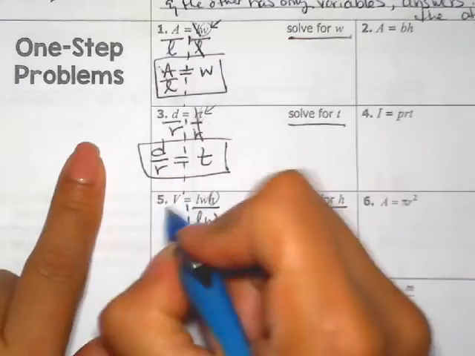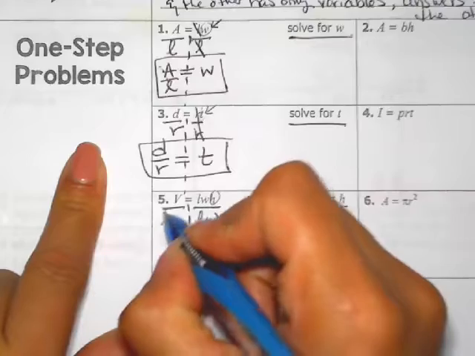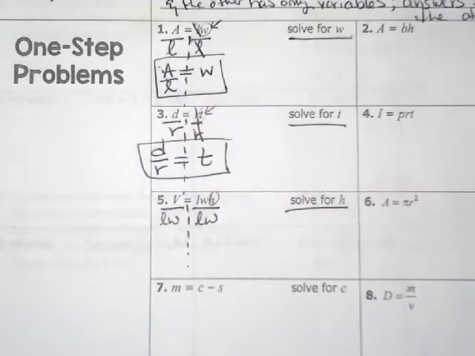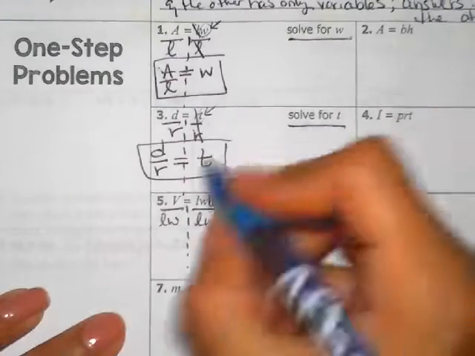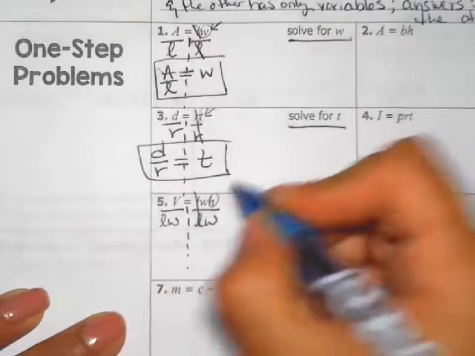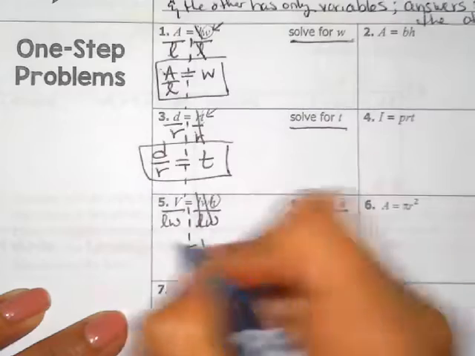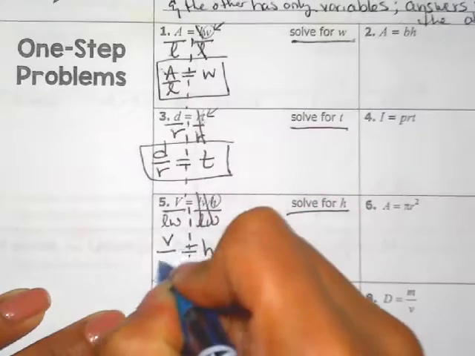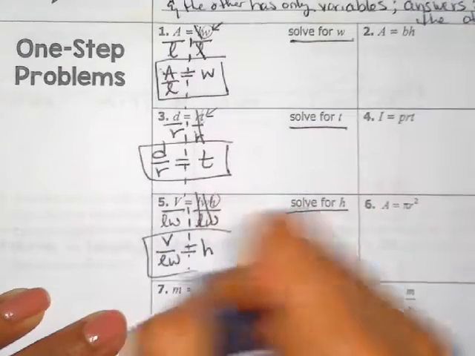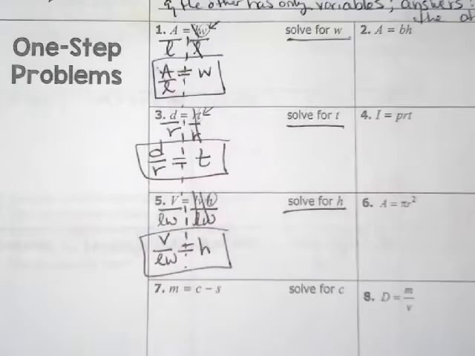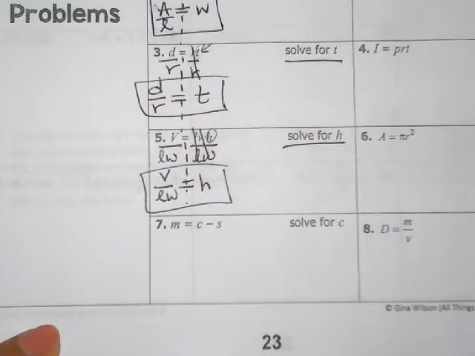Good question, Lindsay. If I divide by LW on one side, I divide by LW on the other. The L and the L will cancel out. The W and the W will cancel out. We are left with the H. So H equals V divided by LW. H is by itself, so we know we can stop. Yep, pretty much.